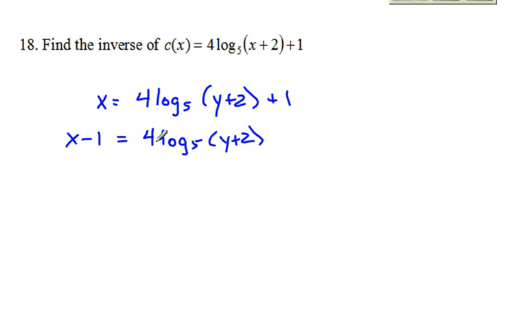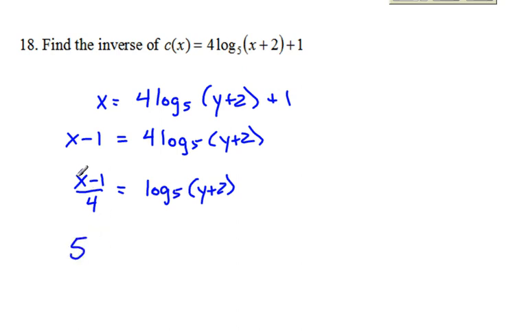Our next step is to divide by 4. x minus 1 over 4 equals log base 5 of y plus 2. Now we have to get what's inside the logarithm, and in order to get this, the opposite of a log is an exponent. The base of my exponent is going to be 5.